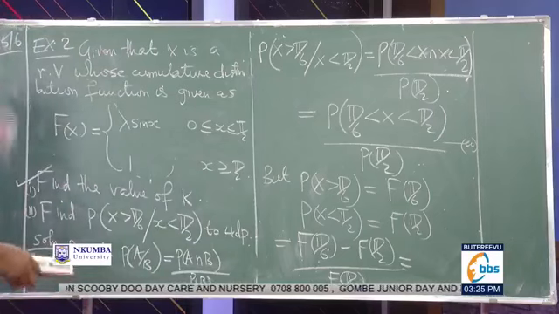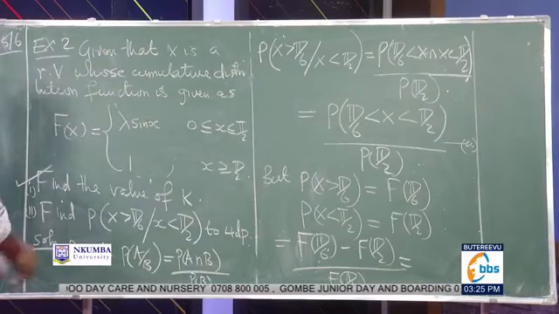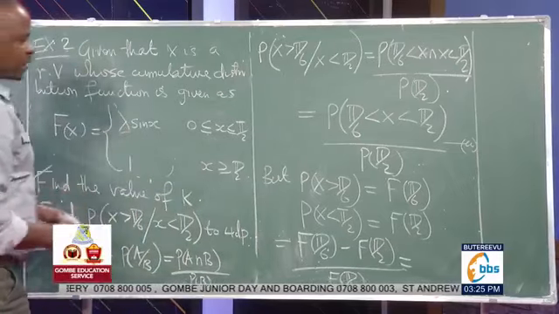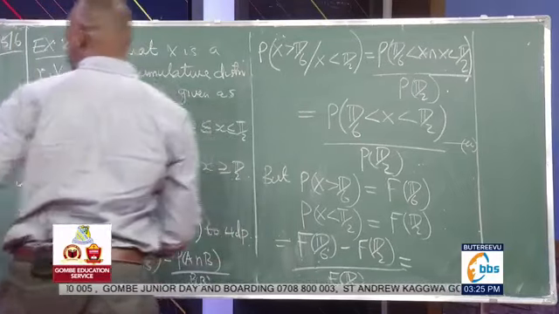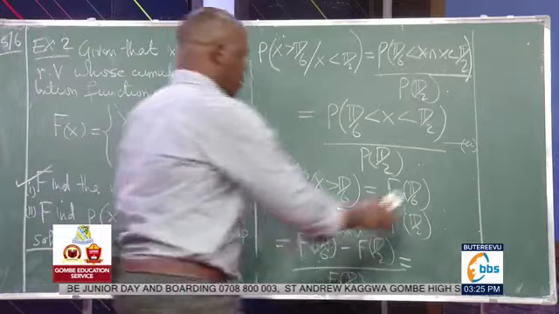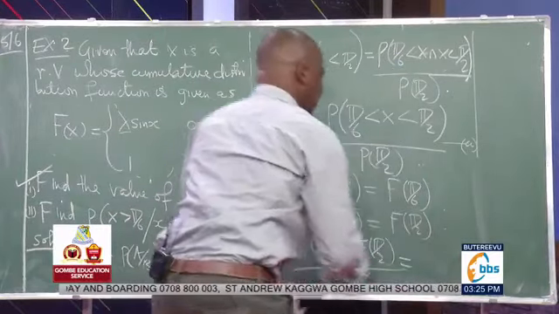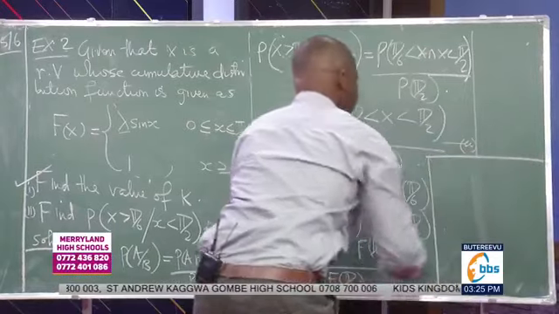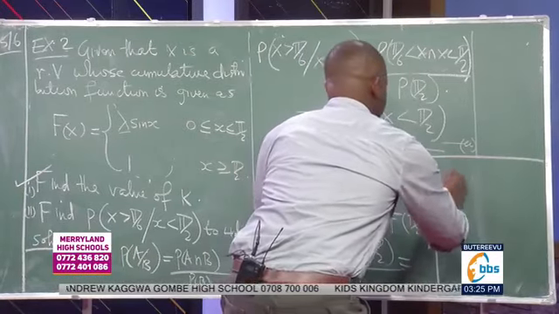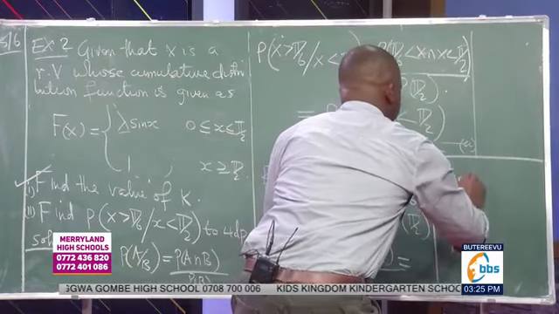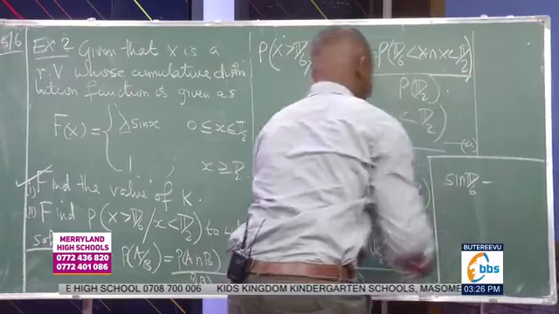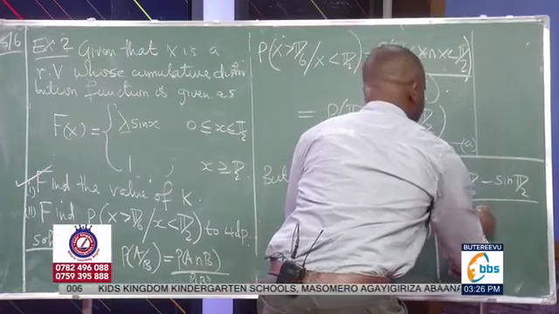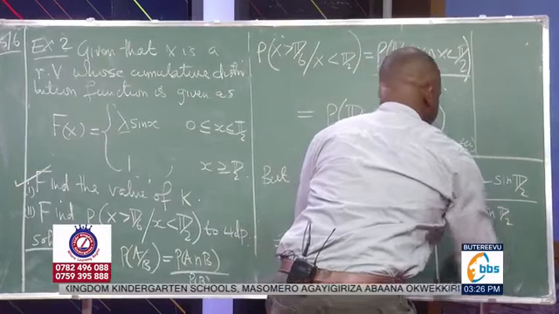I will use the cumulative functions, and when we use that, remember our lambda was 1, so upon substitution, I will get the required value as the sine of pi by 2 minus the sine of pi by 6 over the sine of pi by 2.